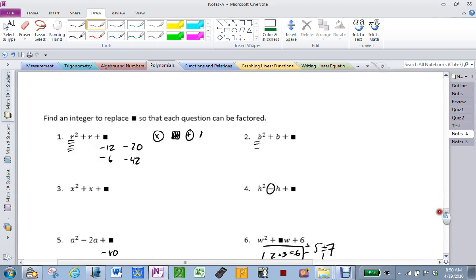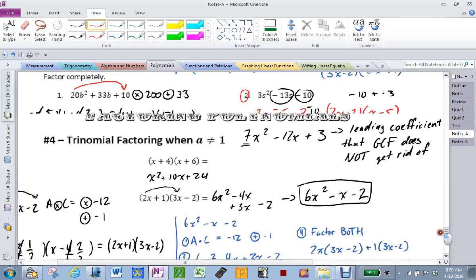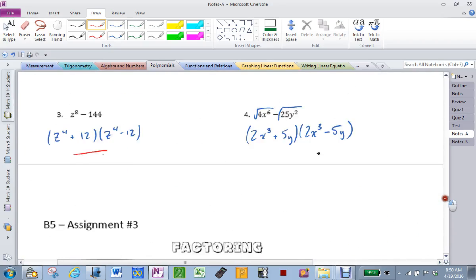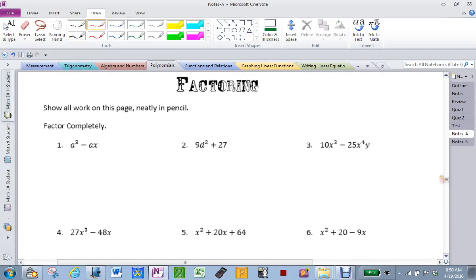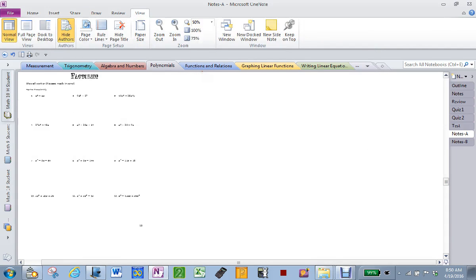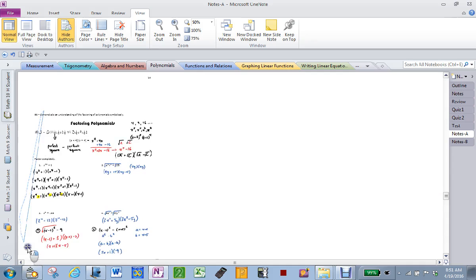I just want to check something. What is your next thing in your notes? Is it difference of squares with bubbles? Yep. Excellent. Okay.